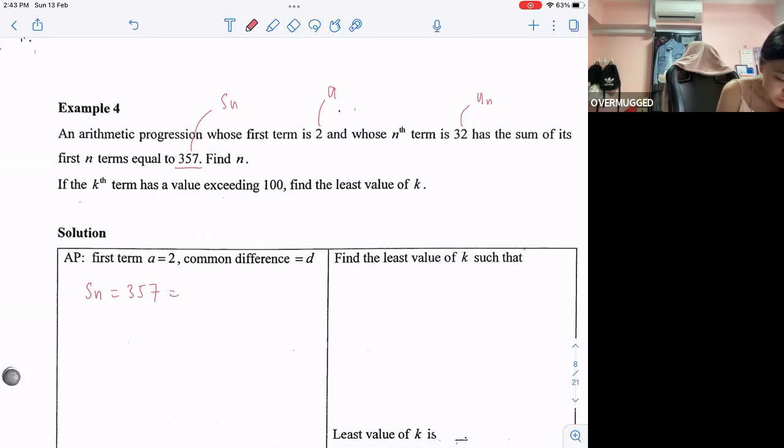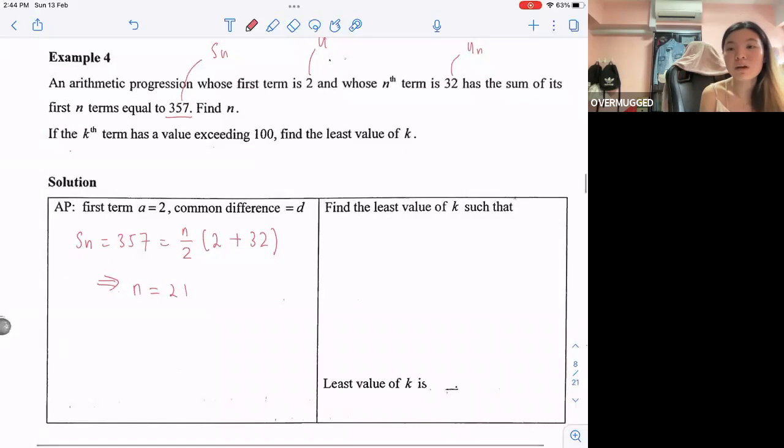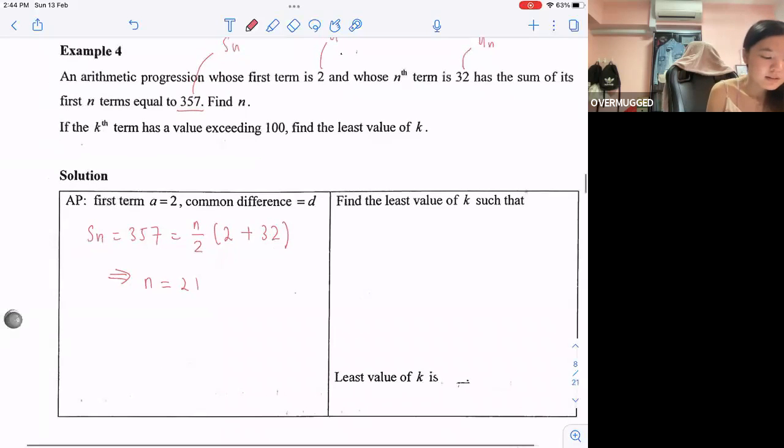And this is equal to n over 2, 2, my first term is 2, plus my last term, which is, as we know, 32. From here, I'm going to find my n, and you can find out that n is actually 21. I think most of you will have been able to find this.